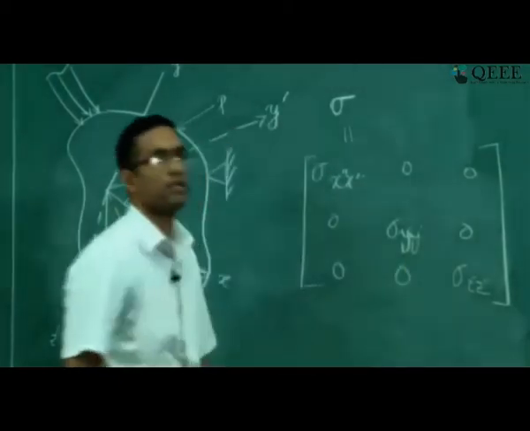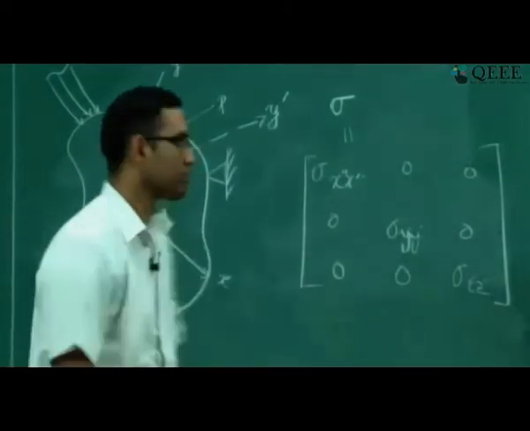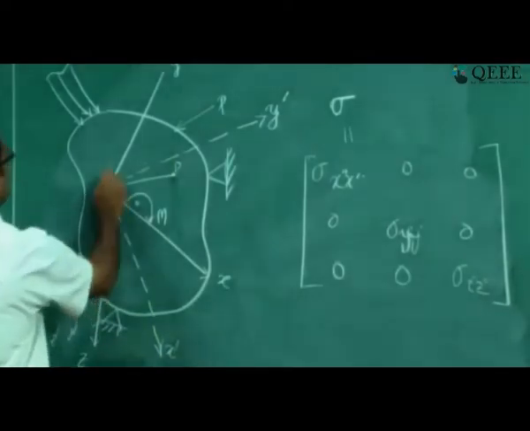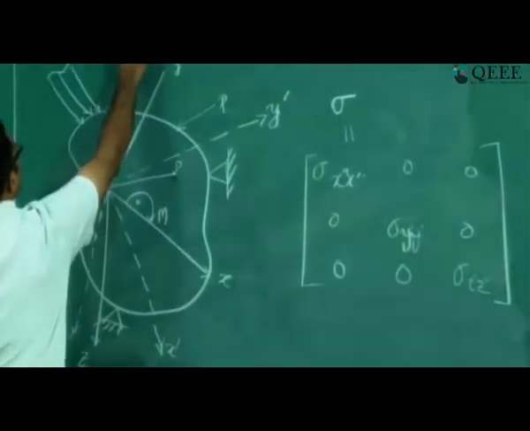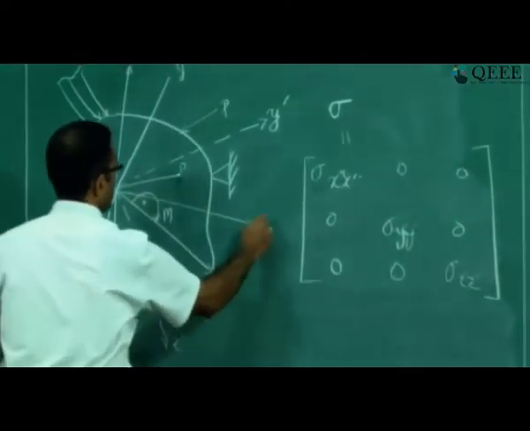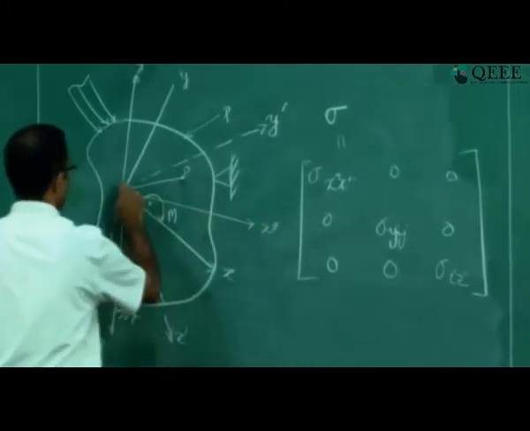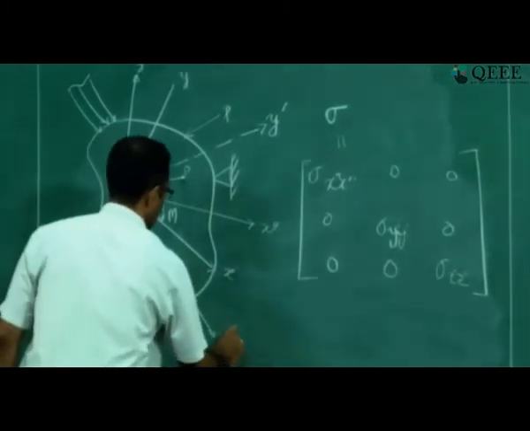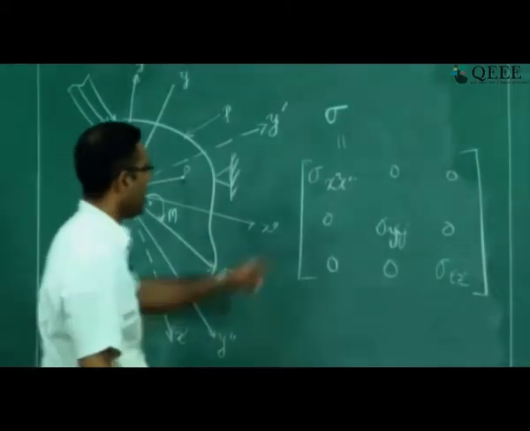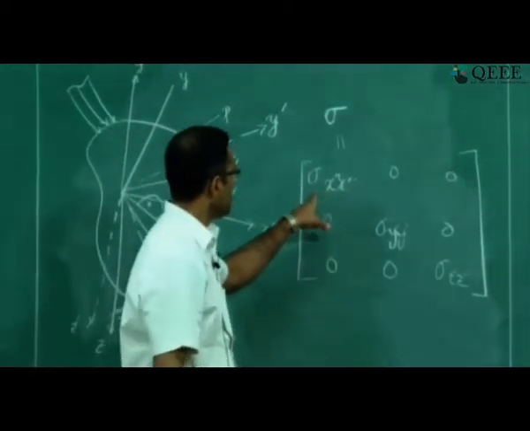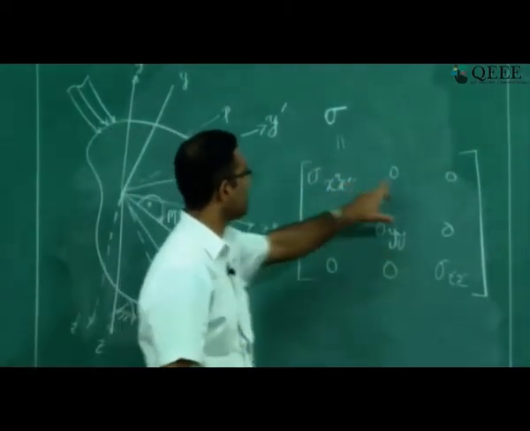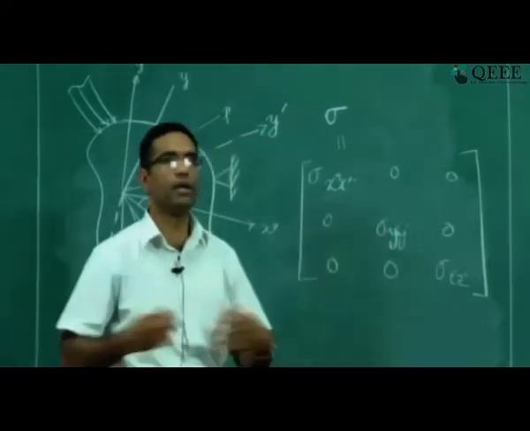If you choose some x double prime, y double prime and z double prime, the stress tensor will reduce to this. Basically all the shear components will completely go away.